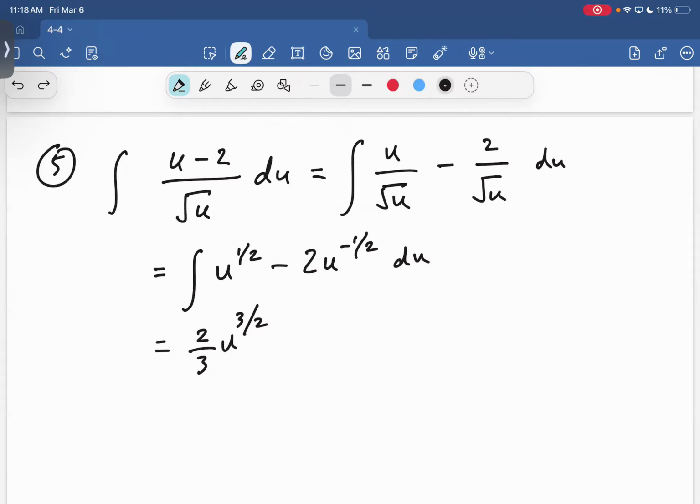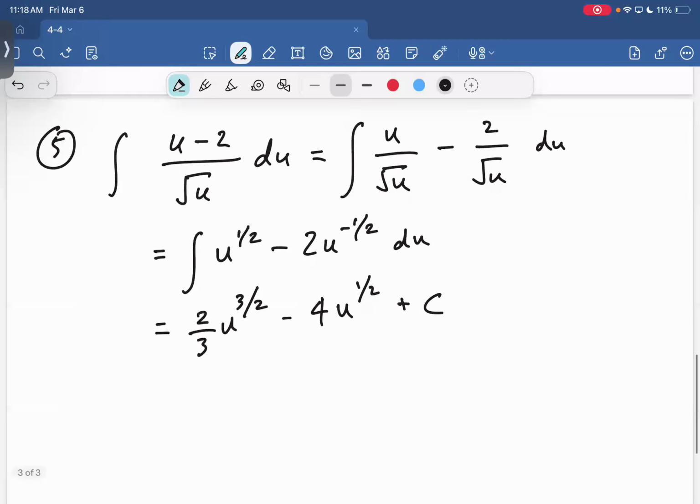How about the other one? This will be 4 times u to the 1/2. And then we have a plus c, right? Because this is still an indefinite integral. Any questions about that?